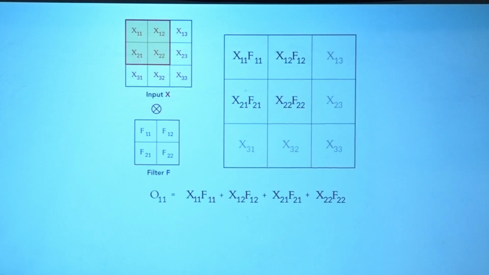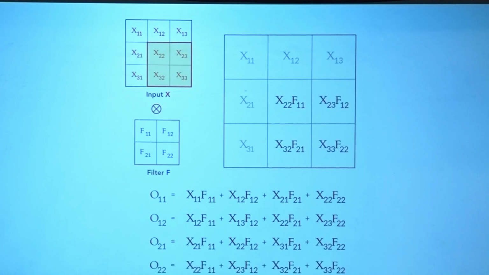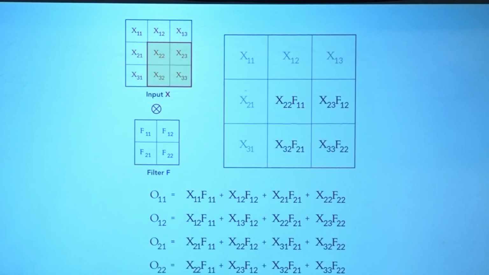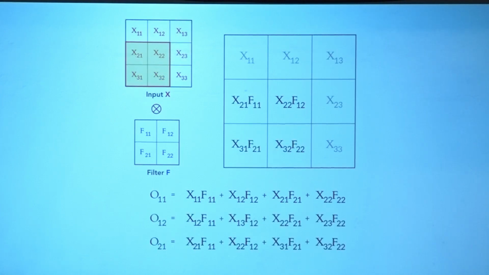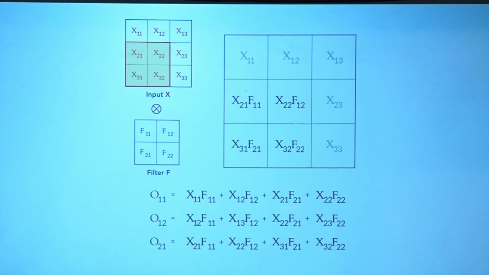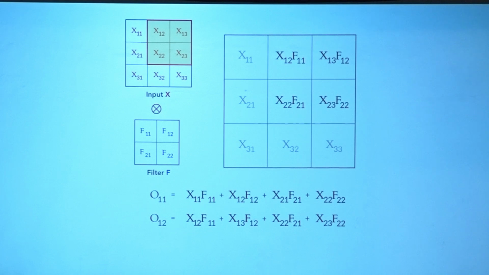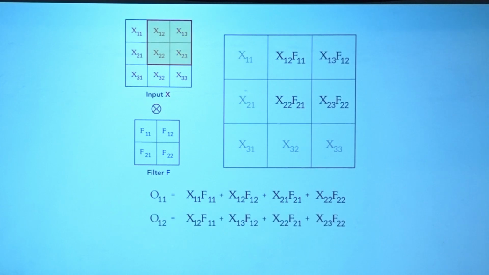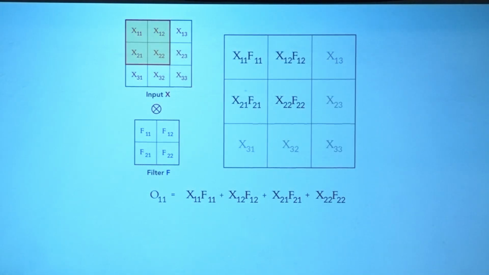When this 2 by 2 filter convolves over a 2 by 2 region of the input, it does the addition of multiplications: element-wise multiplication added together gives the convolved value. So the equation for O11 is this one. You know very well, we already discussed it and executed code also. Thus we got 4 equations, O11, O12, O21, O22, for the output matrix when convolving between the input and the filter. Clear?